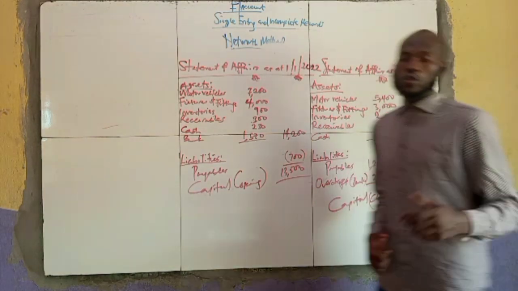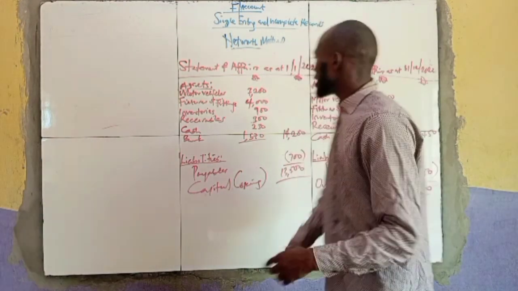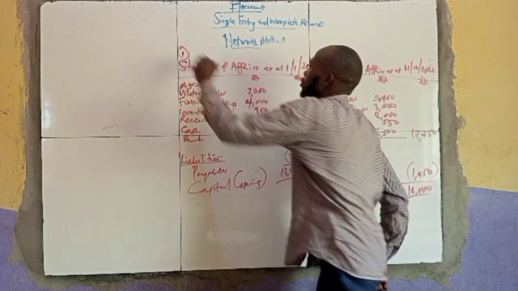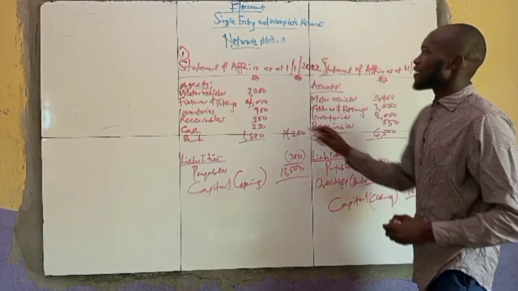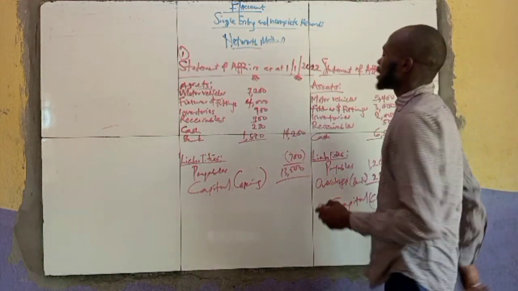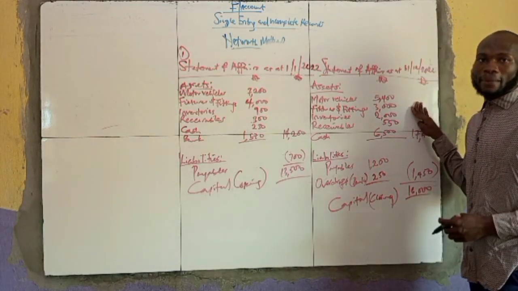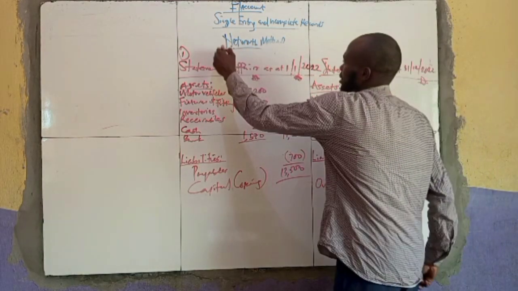So then we go to the statement of profit. This is the number one question we are going to do, to prepare the statement of profit for the 1st of January to the 31st of December.